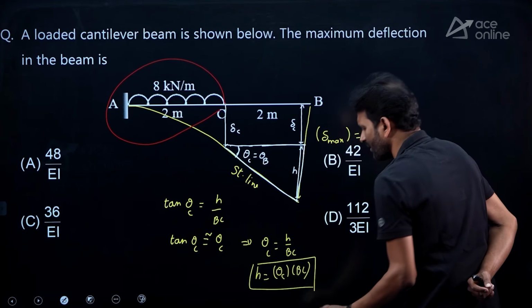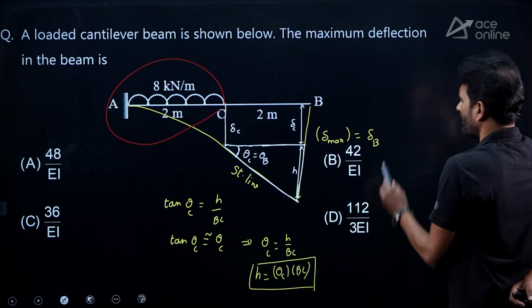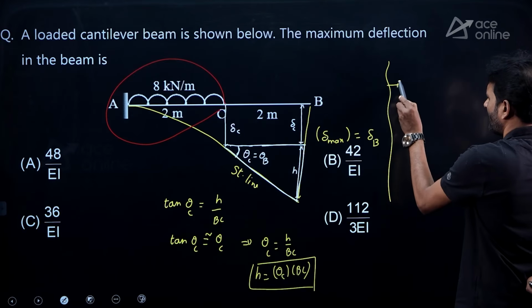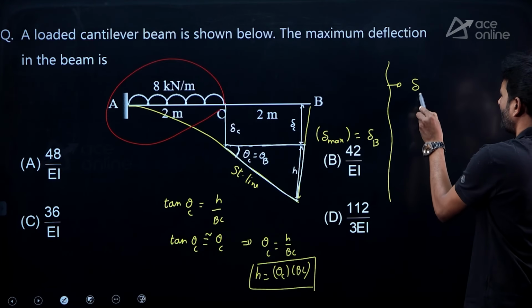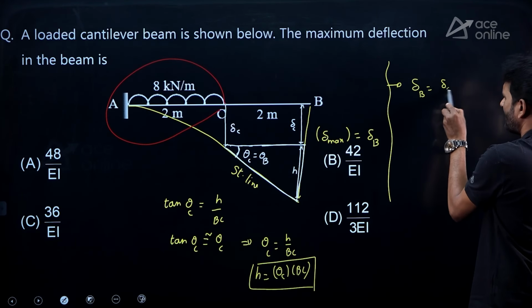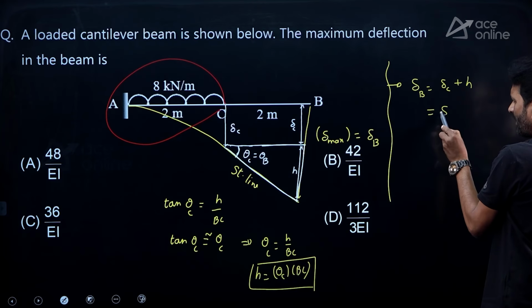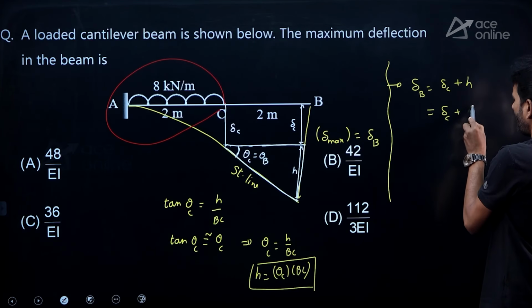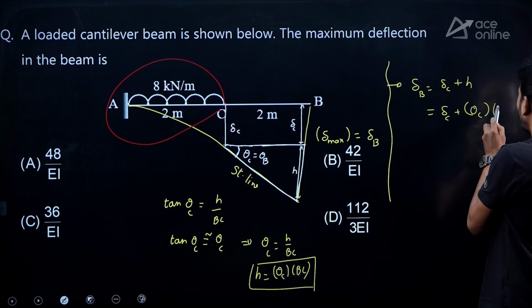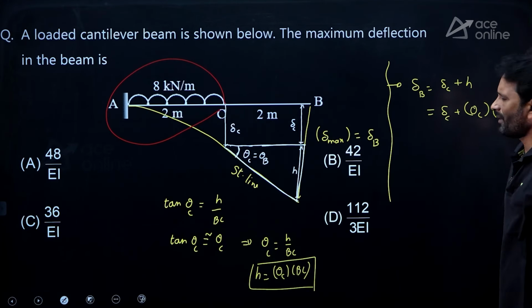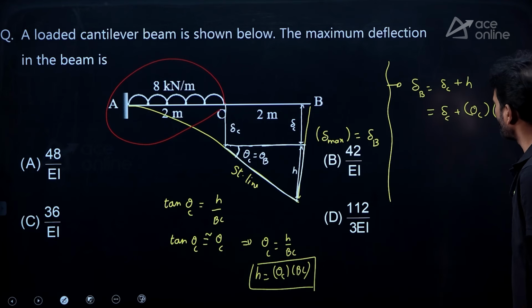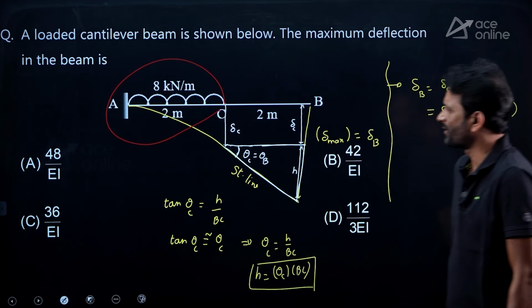Already we discussed this in the classroom. Now, finally, how am I getting del B? That is the maximum, del C plus H. What H value am I getting? H value, if I am taking theta C into the length of the BC part. So, my first interest is finding del C. How am I getting del C?